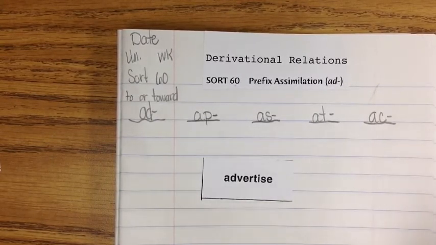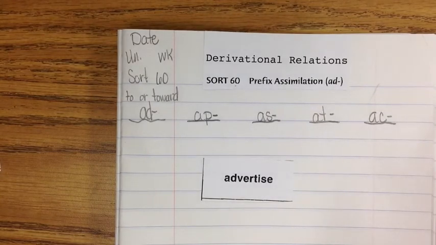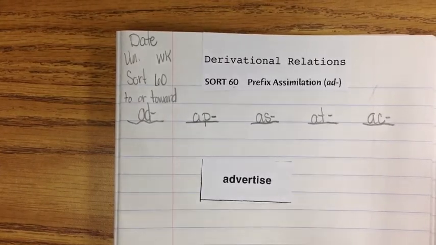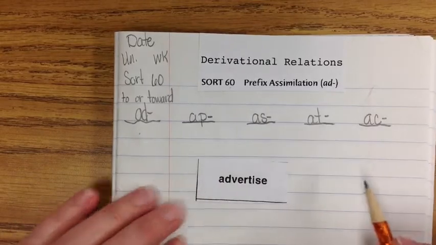Okay, because you're advertising, so you're turning to this advertisement. In this sort, there's other forms, and there are also assimilated forms, and that's AP, AS, AT, and AC. And they've already been covered, but there's other ones, but we're not going to talk about those right now, so we won't worry about that. But let's go ahead and put our advertise under AD.